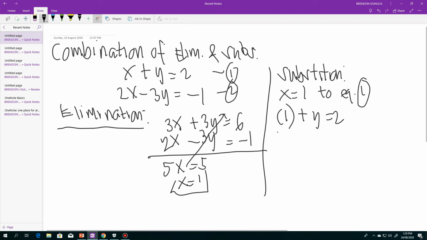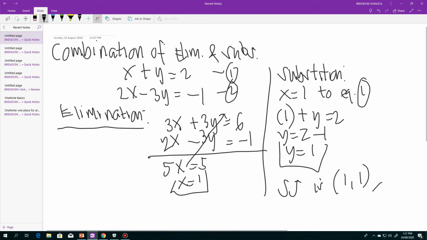Therefore, y is equal to 2, with 1 moved to the other side, 2 minus 1. So y is equal to 1. Okay. So therefore, our solution set again is x as 1 and y as 1. Okay. So they are all the same. We always get the same answer.